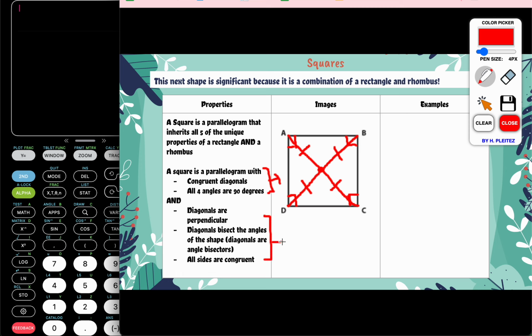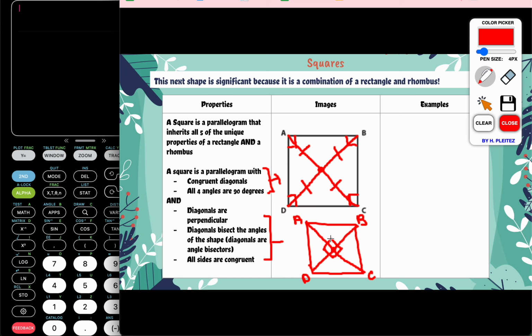Now, I'll redraw our square here to label this next set of properties. We have A, B, C, and D. Now, when we redraw our diagonals in here, we know that they're perpendicular. What that means is that at their intersection point, we're creating those right angles. And we know the diagonals bisect the angles of the shape.